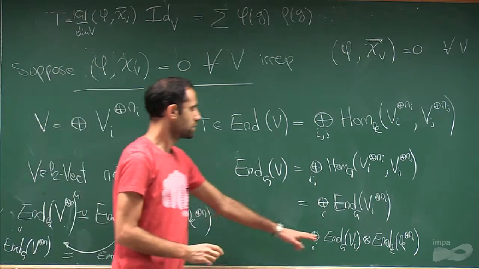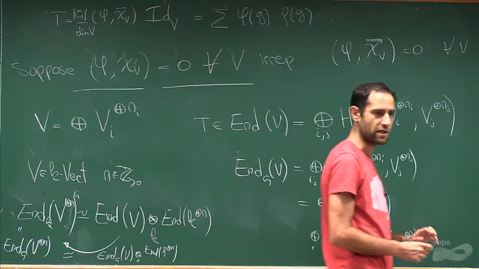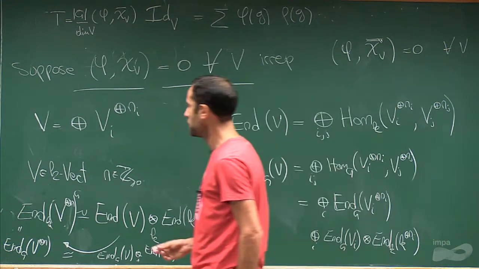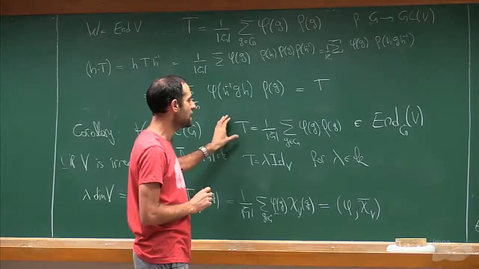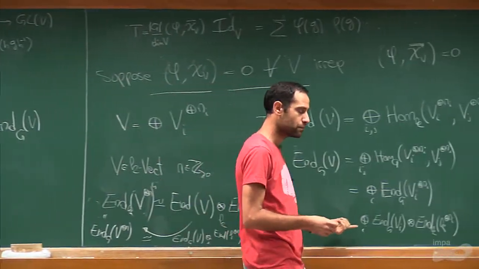Which is what I wrote here. The endomorphisms here just tensor any matrix with constant coefficients. Okay? All right, so if I started with my T acting on any representation of G, not necessarily irreducible, then if I write this expression, I know that my T lives in this space.